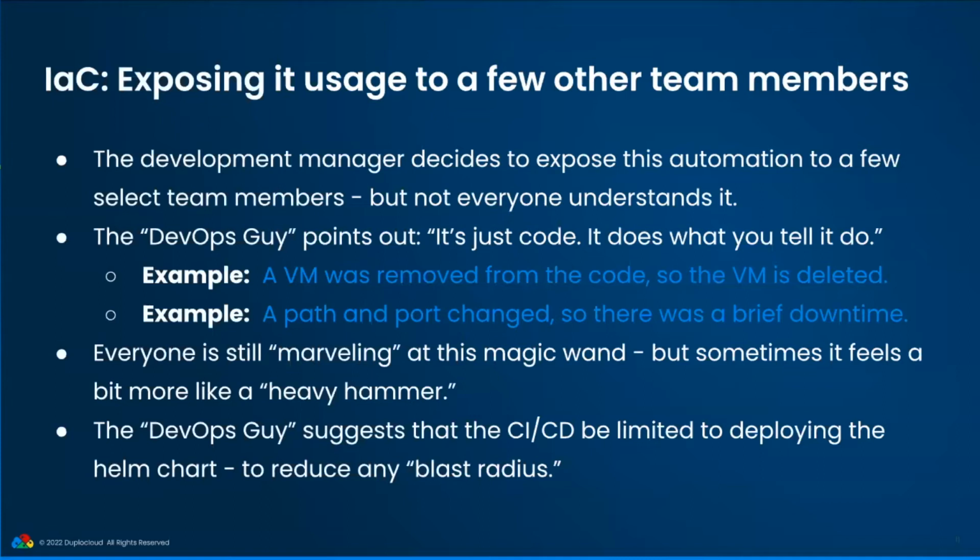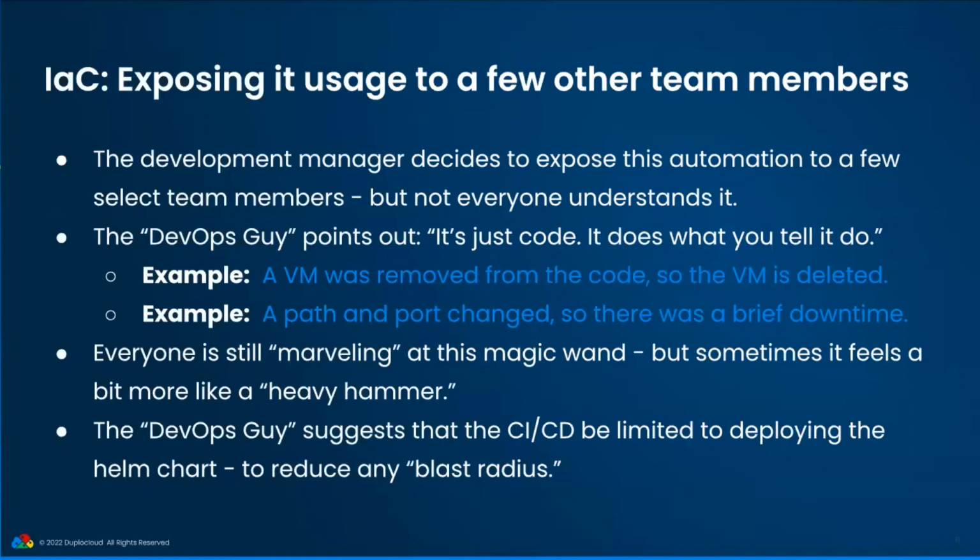Now everybody's still pretty happy in general, right? I mean, they still say this is a pretty neat looking magic wand, but sometimes it's starting to look a bit more like a heavy hammer, right? We can see above those spots in blue where some things got broken. And the DevOps guy is thinking about this, and he's saying, why don't we, with this CI/CD that you're planning, Mr. Manager, why don't we just limit it to the Helm chart?